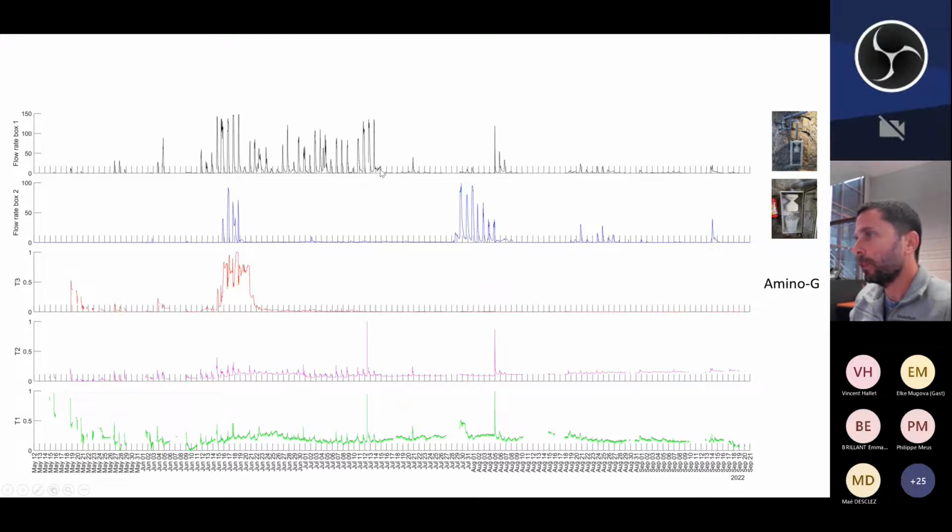Interestingly, at some point the flow on this sensor really decreased, with only occasional flow, maybe on specific days with rain or snow. And at some point, we started getting high flow rates on the other side.